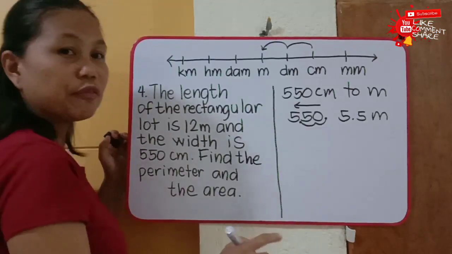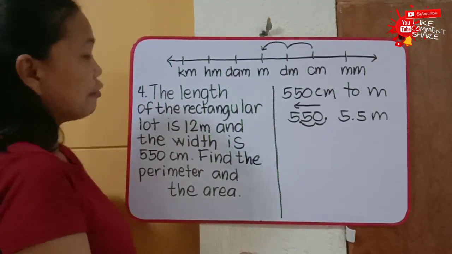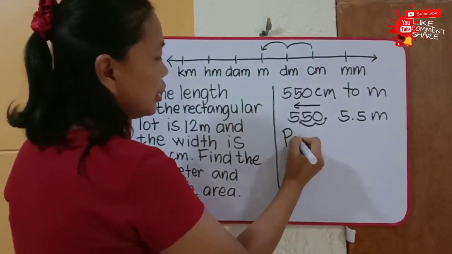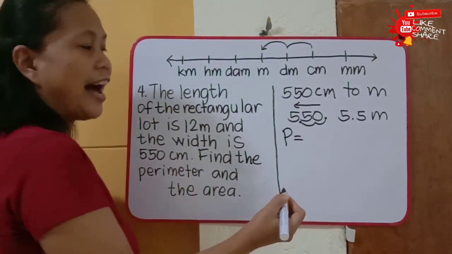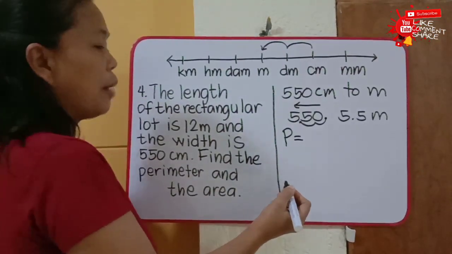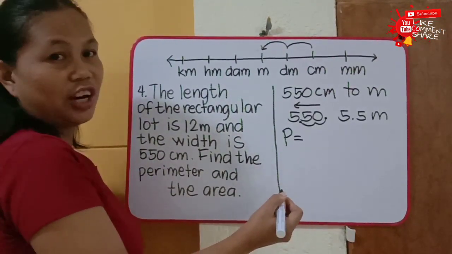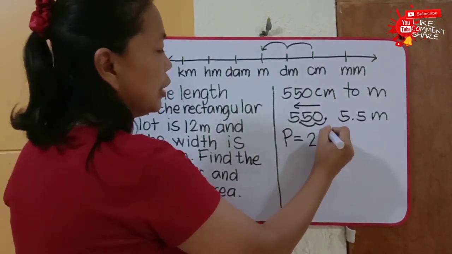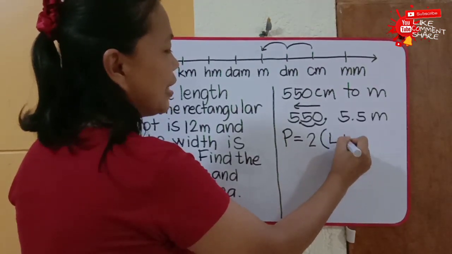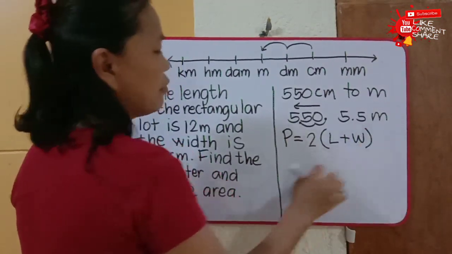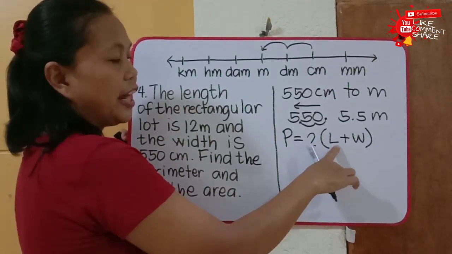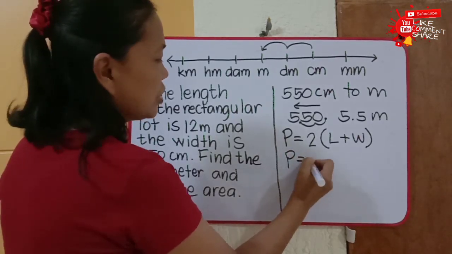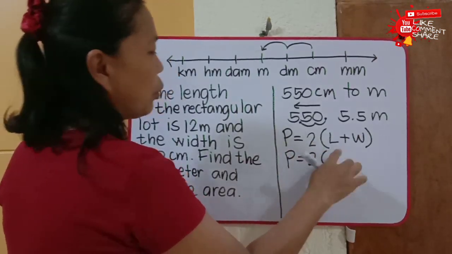Now we can compute for the perimeter of the given rectangular lot. And of course, we need to determine the formula in finding the perimeter of a rectangular lot. Perimeter is equal to 2 times the sum of the length and the width. So we have here 2 times the quantity of L plus W. Let us compute for the perimeter. 2 times, what is our length?